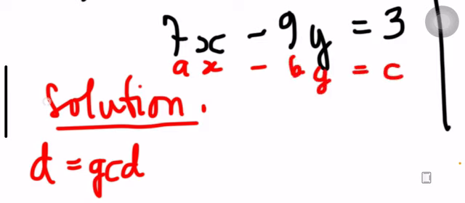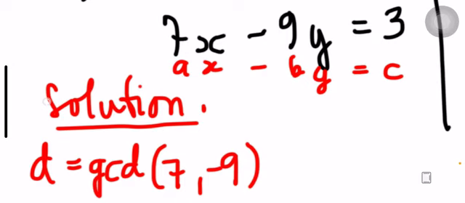So you have your a here, which is 7, and b here as negative 9. So we have 7 and negative 9. It doesn't matter, it can be positive 9. So the greatest common factor between the two, what would that be? You can make use of the Euclidean algorithm, but we don't need to do that. This will be equal to, what do you think? What's their GCD?